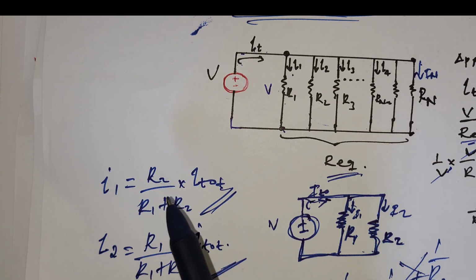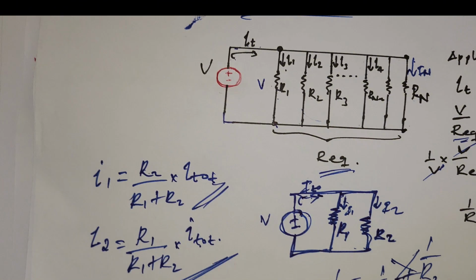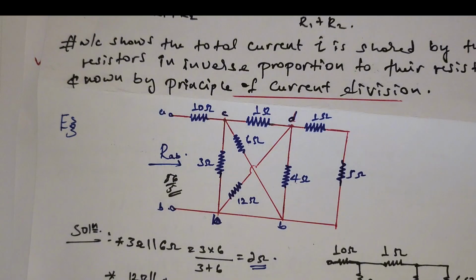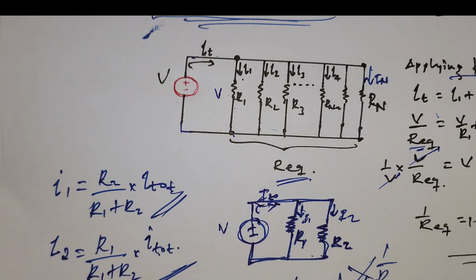For I1 we take R2 as a numerator, for I2 we take R1 as a numerator, because the share of the current through that branch is in inverse proportion to the resistance. This is known as the principle of current division.